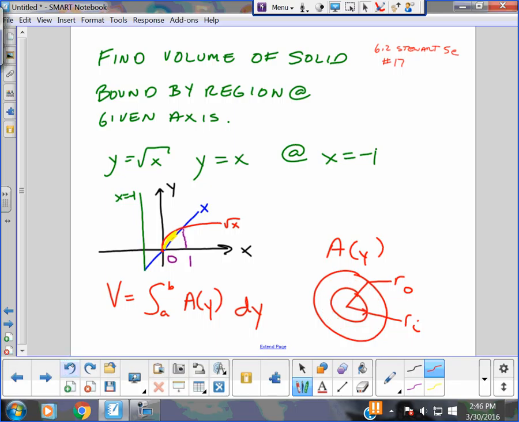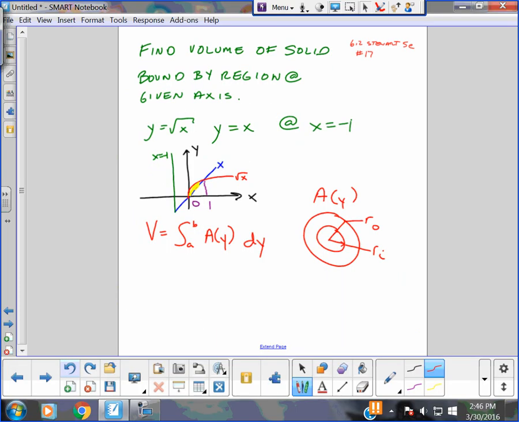We have been doing quite a few of these. So I'm going to say volume equals, boom, and I'm going to put the pi out here. And we get R outside squared minus R inside squared dy.